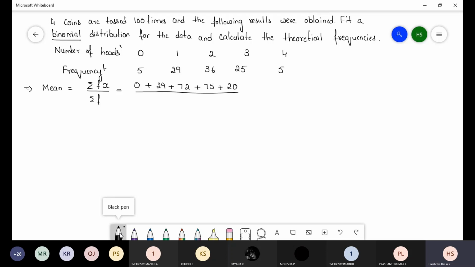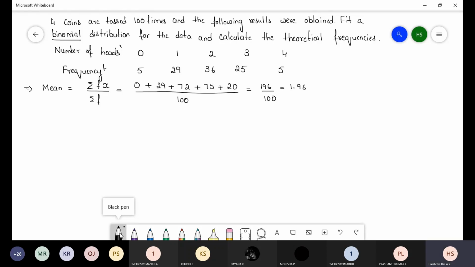Summation: the frequencies 5 plus 5, 10, next 35, and if you add these, overall we get 100. What is the numerator when you add? 196. Yes, 196. So 196 divided by 100 is 1.96.